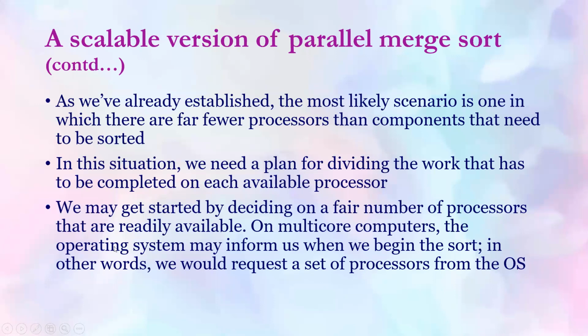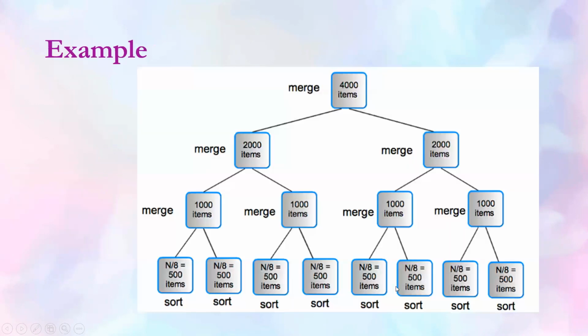So on multi-core computers, the OS may inform us when we begin the sort, so we can get that many processors. So this is an example. I have 4,000 items. I divide them into 2,000. See, this is the actual availability of my processors. When I have 4,000 items, I don't have 4,001 processors. I'm having something which is much, much lesser.